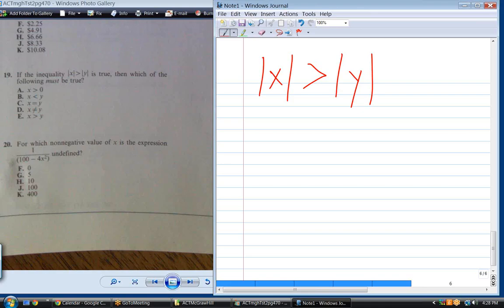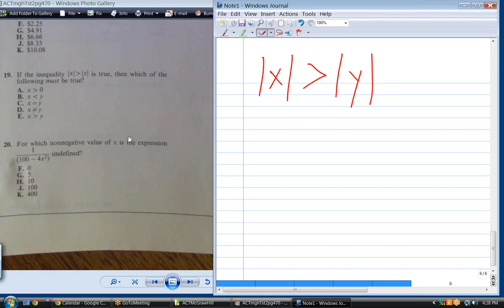Looking at D. Looking at E. No. Therefore, by process of elimination, D has to be our right answer. And does D make sense? Yeah, because if x was equal to y, then there's no way that would hold true. There's no way the absolute value of x could be greater than the absolute value of y. So the one thing we know is that x cannot be equal to y.